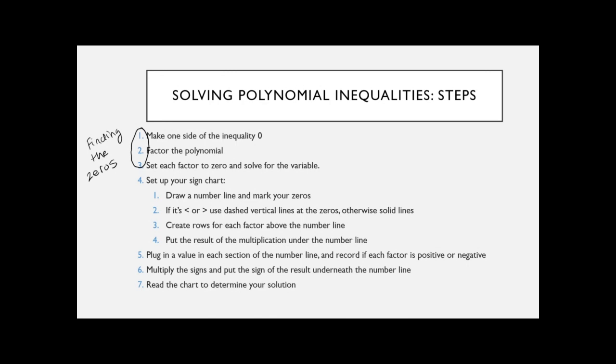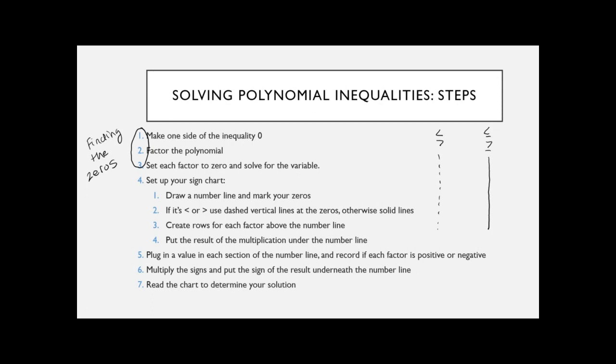So you set up a sign chart. It always starts by drawing a number line and marking where your zeros are. And then you're going to be drawing vertical lines, and you're either going to be using dashed lines or solid lines, depending on what your symbols are. So if you have a less than or a greater than symbol, you're going to be drawing vertical lines that are dashed. But if it's less than or equal to or greater than or equal to, then you're going to draw a solid vertical line.